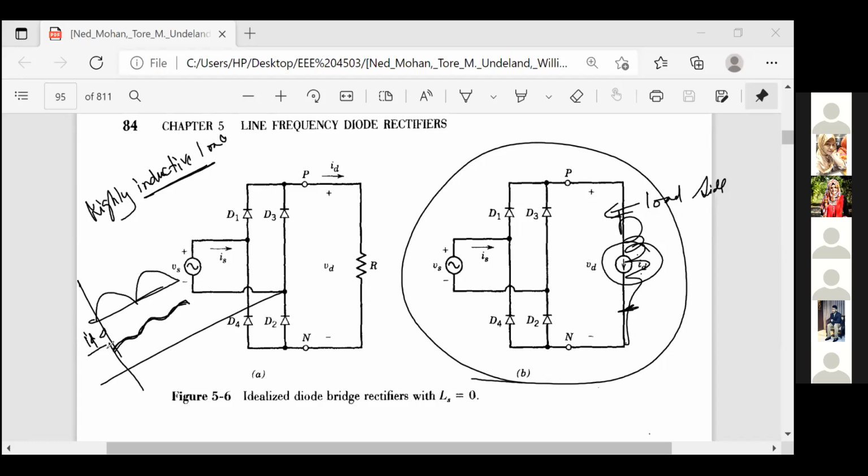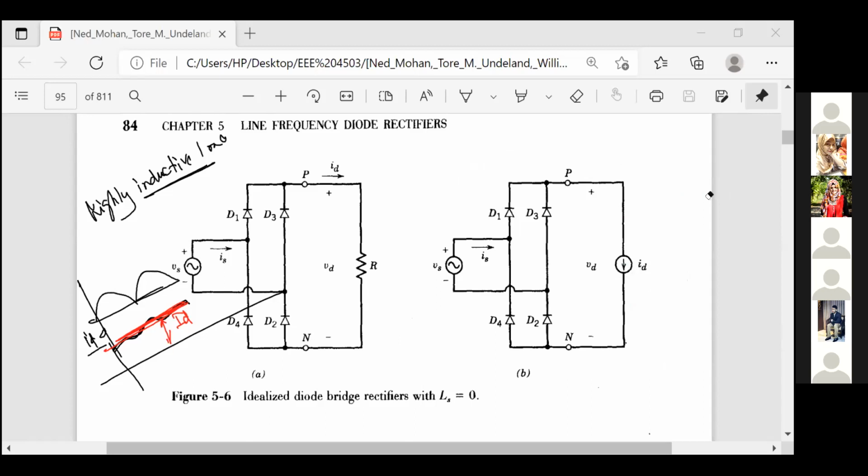Then it can be approximated like this, ID. So if the load is highly inductive, we can replace the load with a constant current source. A practical example is a very heavy, large size DC motor.